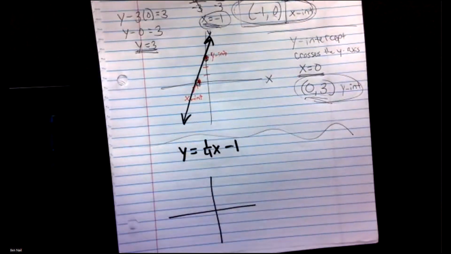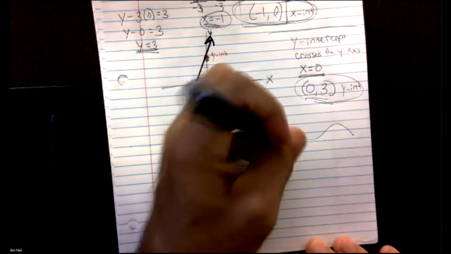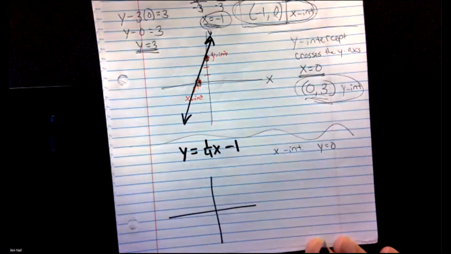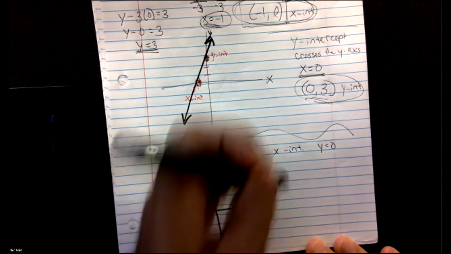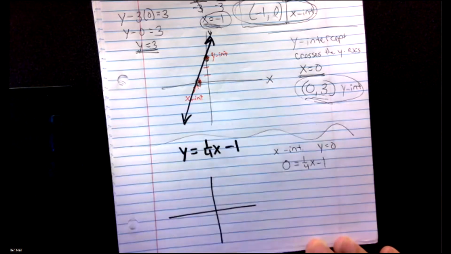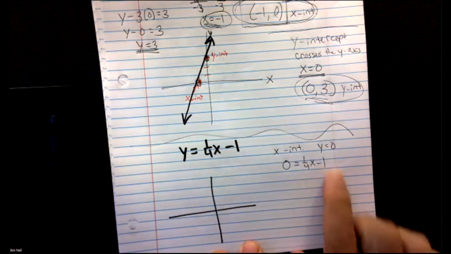So given this graph, if I want to find the x-intercept, okay, remember I'm going to make y 0. So if I make my y 0, then I'm solving this equation.